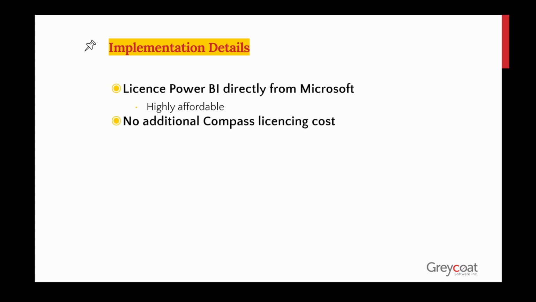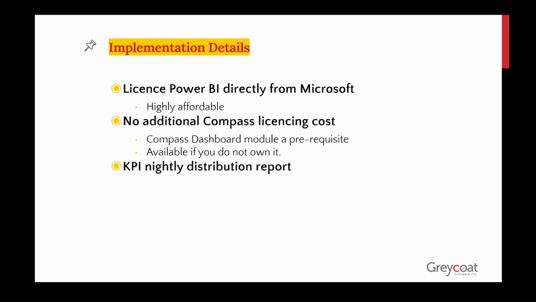The delivery inquiry that we've demonstrated, as well as additional dashboard capability, is available at no additional licensing charge to all our customers who are on our software maintenance plan and have previously purchased the Compass Dashboard module. Of course, you could still add the Compass Dashboard module if you have a Compass facility that does not have it. And we're going to be adding additional displays to Power BI after this version 1 release. This is just the start.